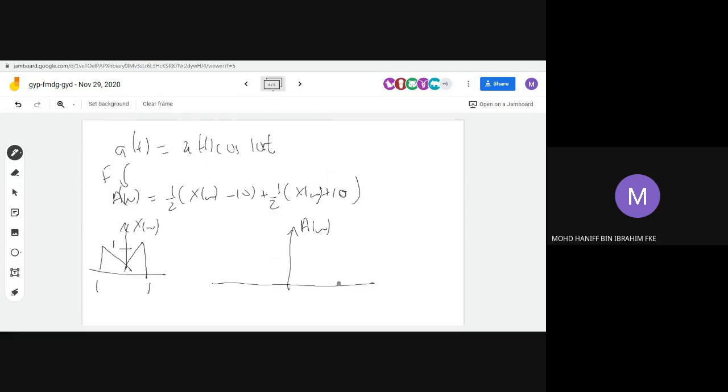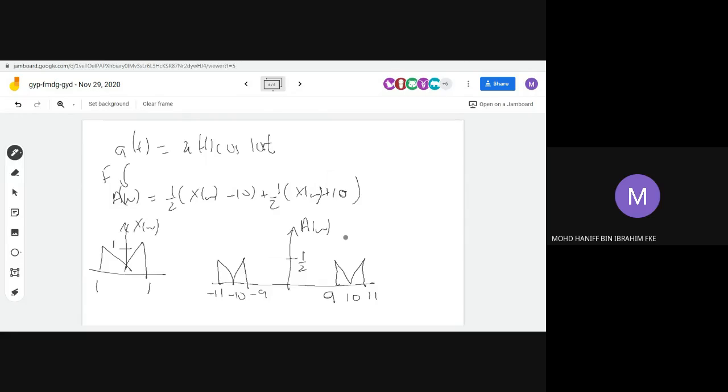So it looks like this: this is at plus 10, and this is at minus 10, and the amplitude is half. So this is 9, this is 11, this is minus 9, and this is minus 11. That should be your A(ω).